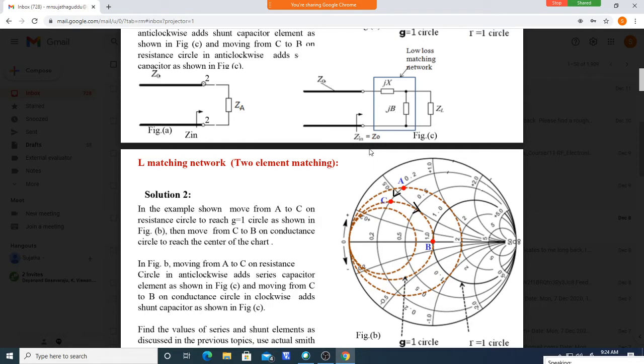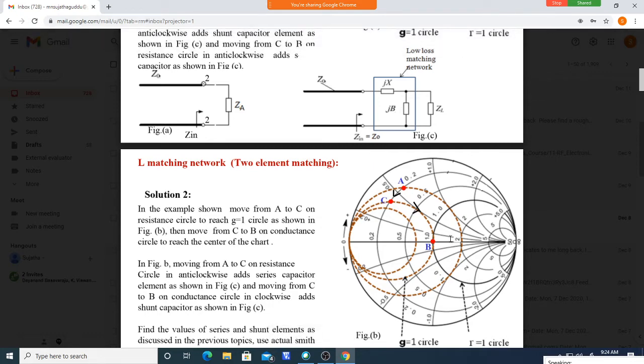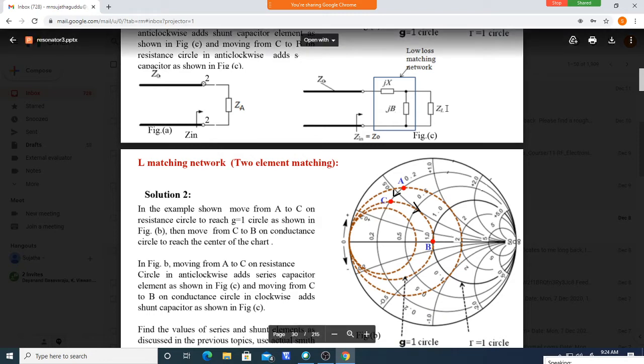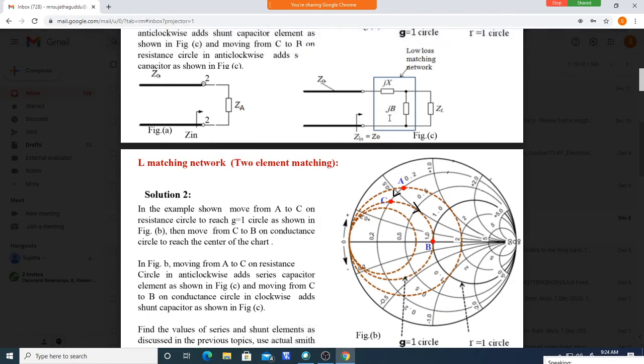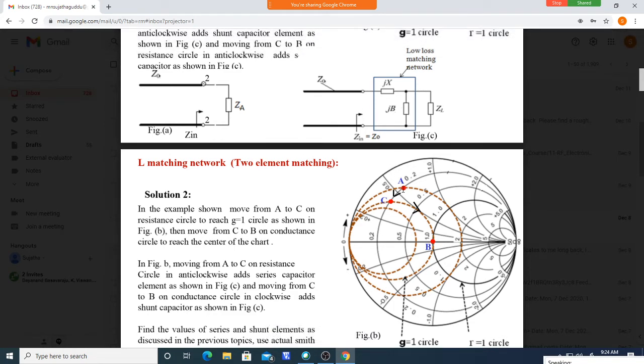In the amplifier, the Smith chart and everything is the same. Only the difference is that 50 ohm will be given, but the input impedance should be equal to some value like this. So 50 ohm is given, you move like this and reach this point. The procedure for reaching this point is the same, but in the opposite direction.